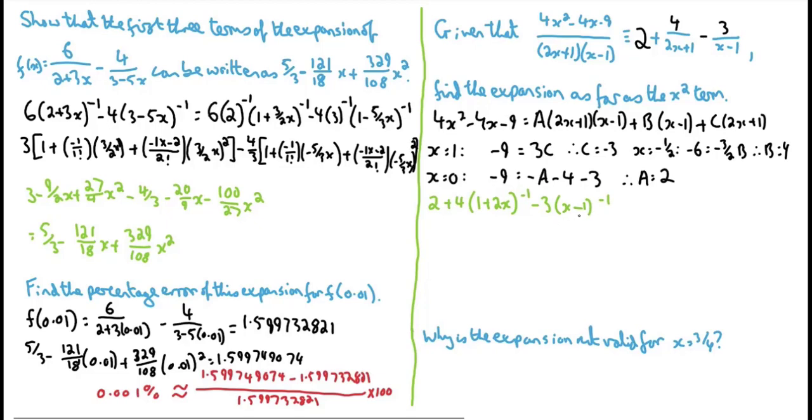Now, while this is a 1 here, it's a minus 1, and that's not good enough. It has to be a positive 1. So, we're going to have to take out a factor of minus 1 in this case. So you can just say this will be the same as 2 plus, again, that 4 plus, lots of 1 plus 2x to the power of minus 1.